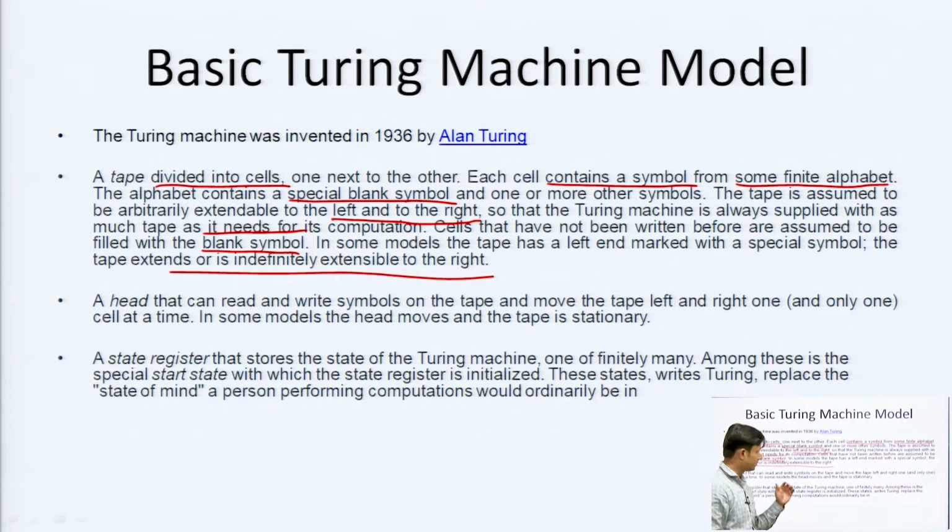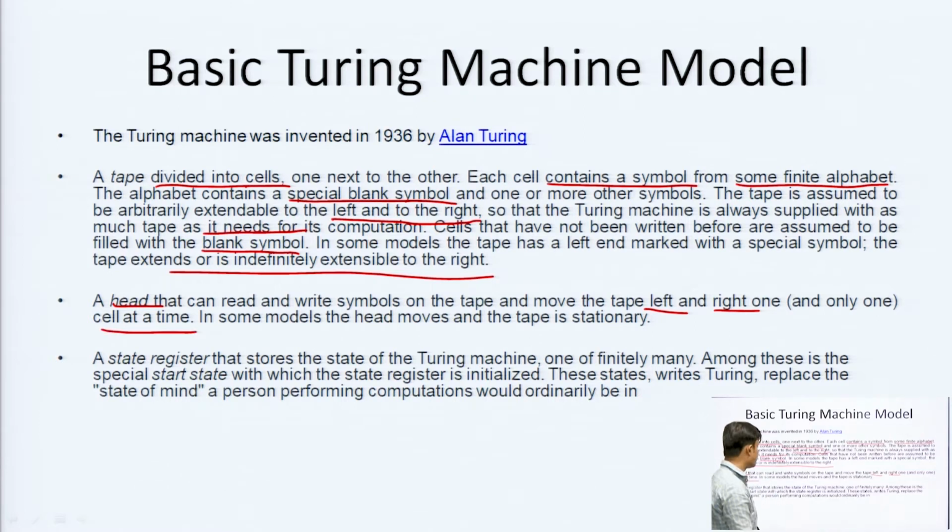Another component is the head. In a finite automaton we also have a head that points to an input alphabet symbol and reads from left to right. But here the head can read and write symbols on the tape and move the tape both left and right, one cell at a time.